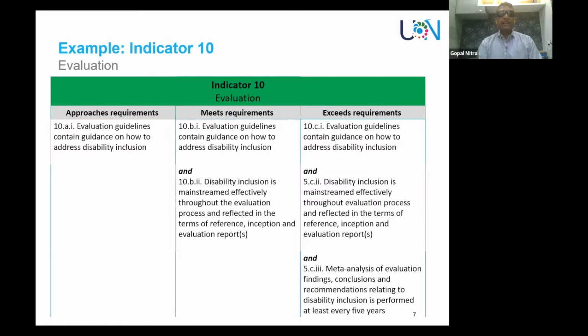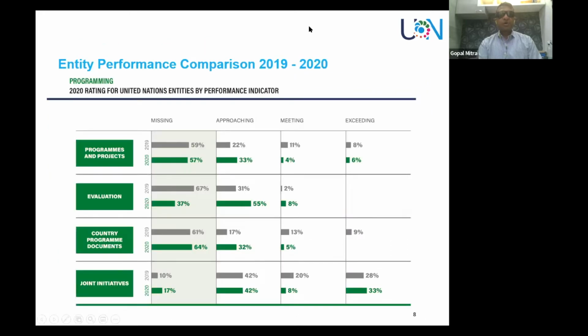Now, I told you that entities report once a year, annually, on their performance. So based on the last two reports, let me give you a snapshot of what the performance looks like on the evaluation indicator. If you see on the slide, for the evaluation indicator, we have data for 2019 and 2020. In 2019, if you see indicator 10, evaluation, 67% of entities were missing requirements, which means that they were not even approaching the requirements.